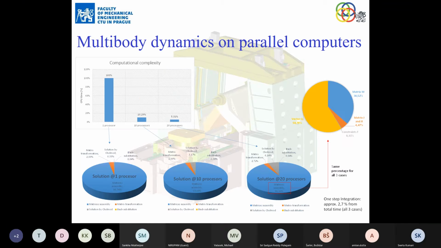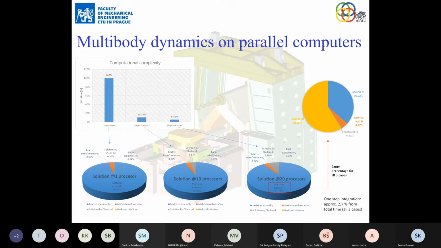It's one approach. The other approach: we have succeeded in improving the multi-body dynamics computation on parallel computers. Here, the problem of parallelization of solving the dynamics, solving the differential equation, is that there is some improvement, but very soon, after only a small number of added processors, the speedup of the computation saturates.